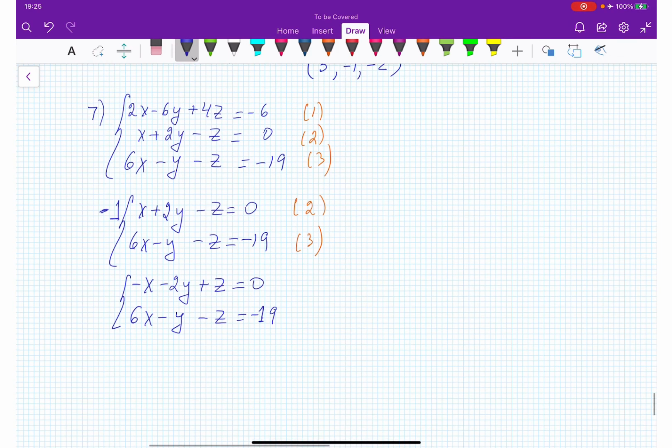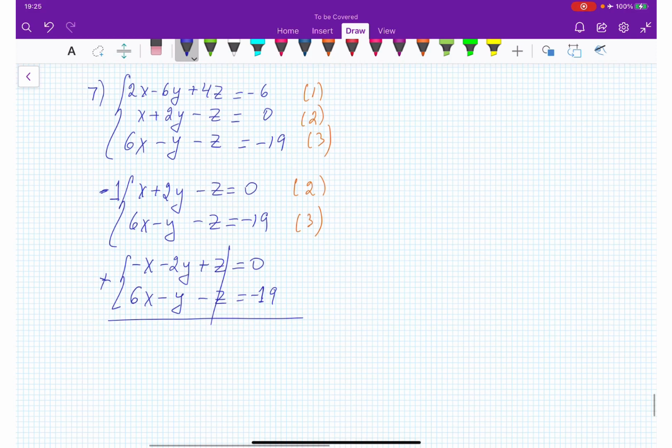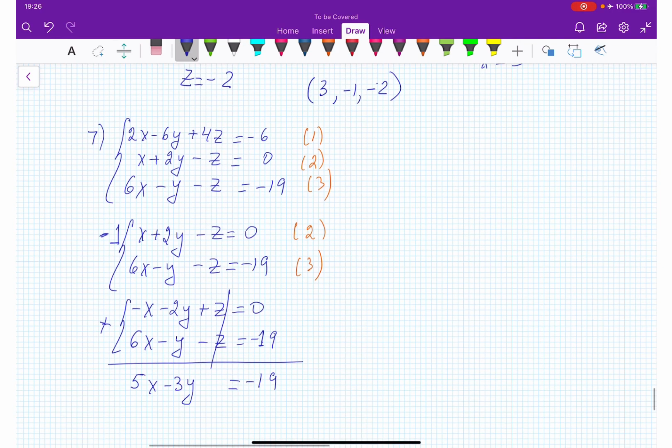So if I add, what do I get? Plus z minus z. Here will be 5x. Here minus 3y equal negative 19. Okay. Now let's choose.